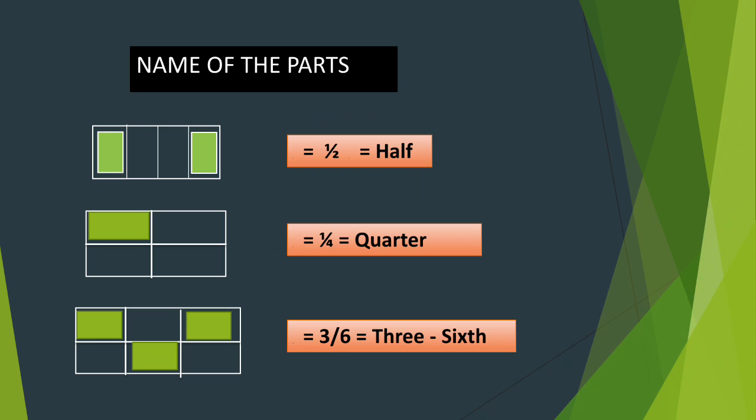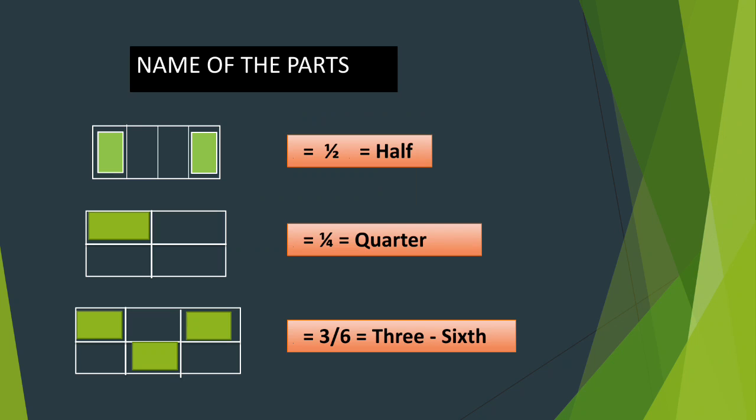In the first rectangle, we are having 4 equal parts. And then I have colored 2 rectangles, that is 2 small parts, in green. So the total is 4, green color is 2.